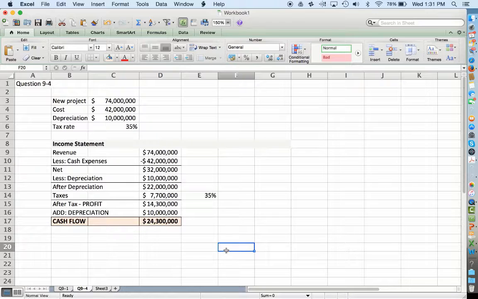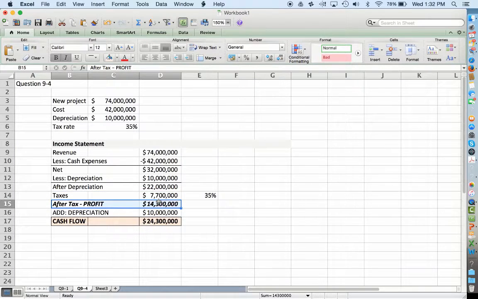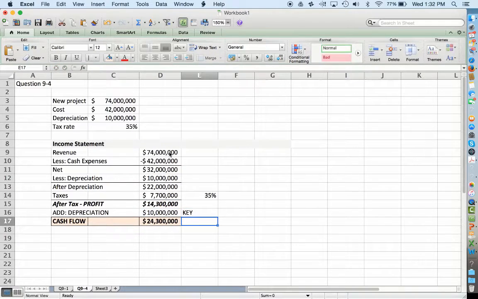You basically get after-tax profit by building a standard income statement. Revenue, less cash expenses, less depreciation, less taxes, gives you after-tax profit, and then you add back depreciation. And this is key. This is what makes cash flow different from profit.